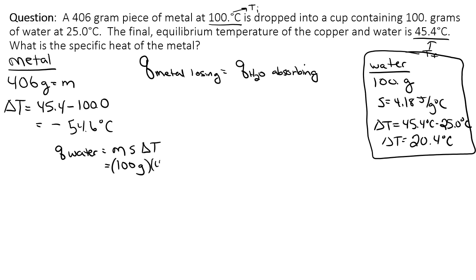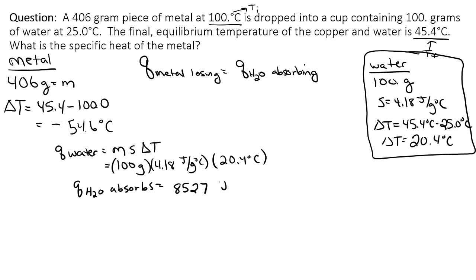The specific heat of the water is 4.18 joule per gram degree Celsius, and the change in temperature of the water is 24.4 degrees Celsius. Therefore, the heat that the water absorbs is going to be 8,527 joules of heat. I'm not going to worry about the significant figures at this point.